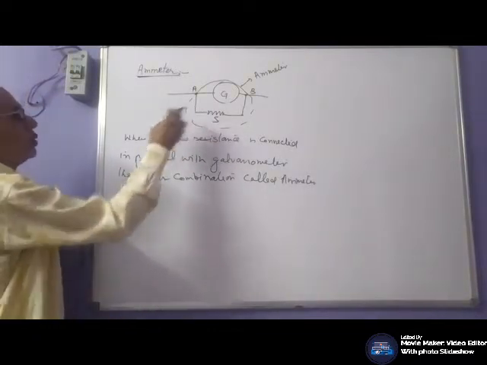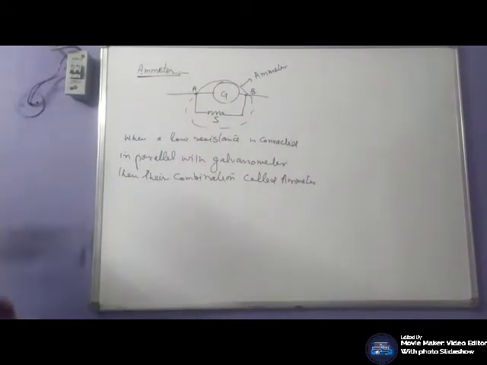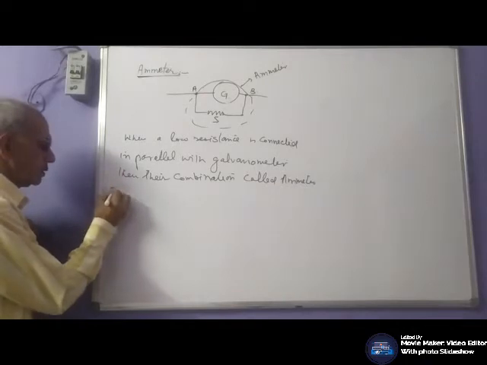So this low resistance is to avoid what? Damage of the galvanometer.